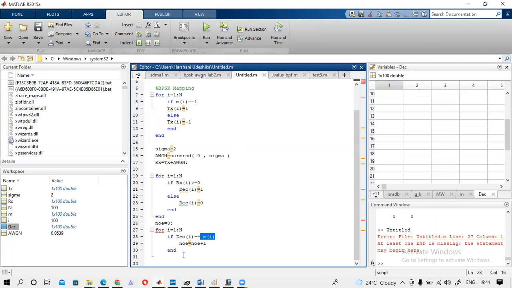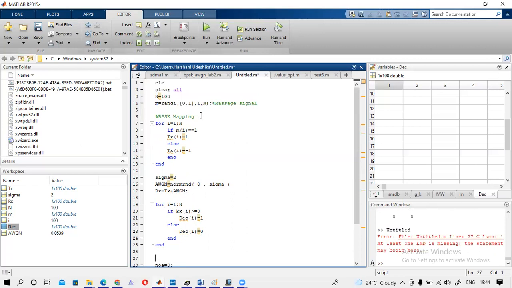So let's see. You can see that this is BPSK mapping. This will be the transmitted signal.